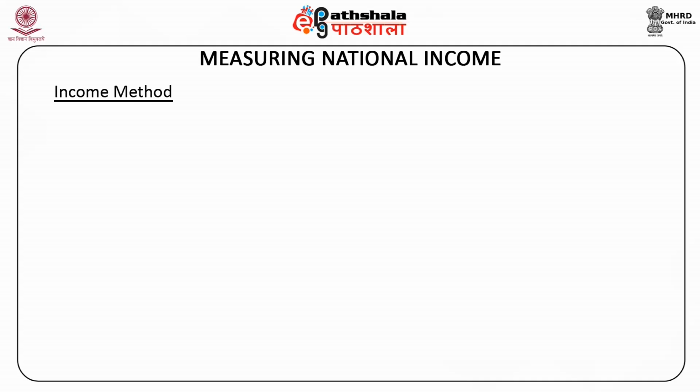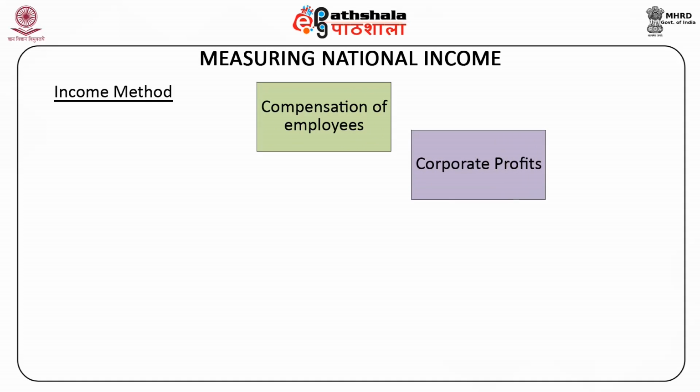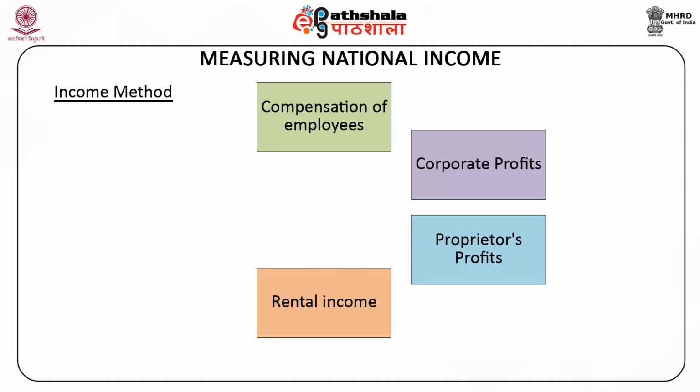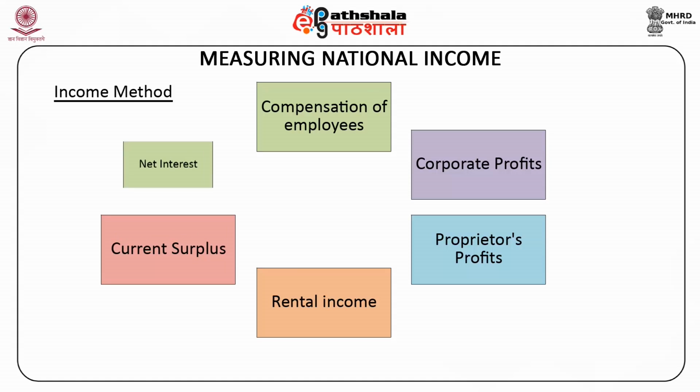Through the income method, GDP is computed as the sum of compensation of employees, corporate profits, proprietors' income, rental income of household, current surplus of government sector, and net interest.